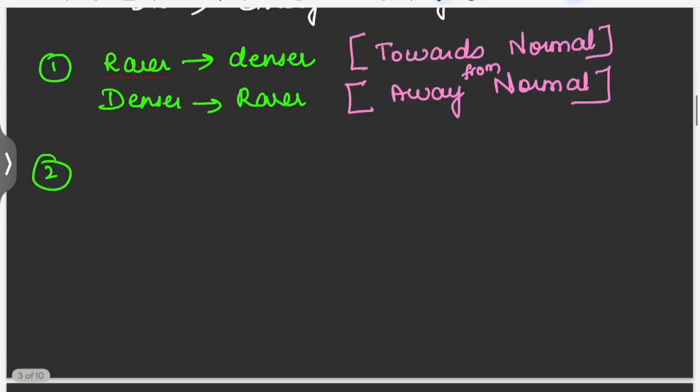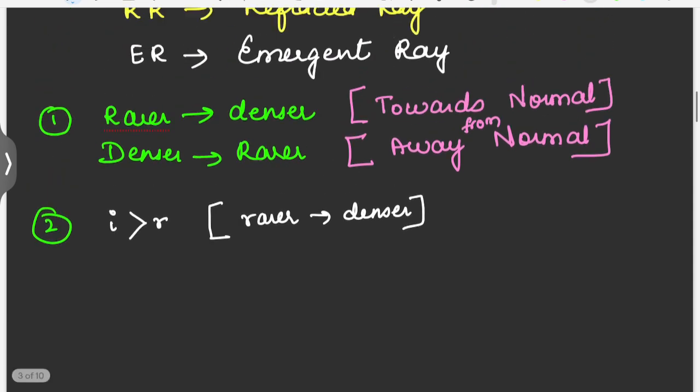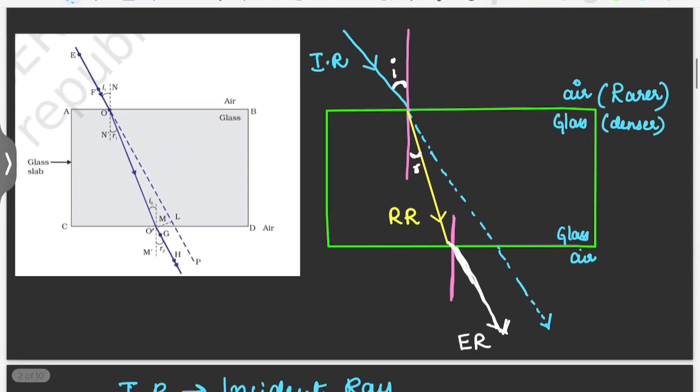So you will write the second point: angle of incidence is greater than angle of refraction when the ray moves from rarer medium to denser medium. And second, you see here, this angle is again called angle of incidence, and this is called angle of refraction. So let me write here.